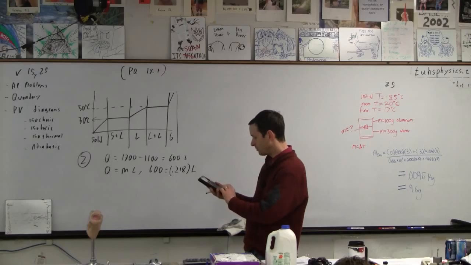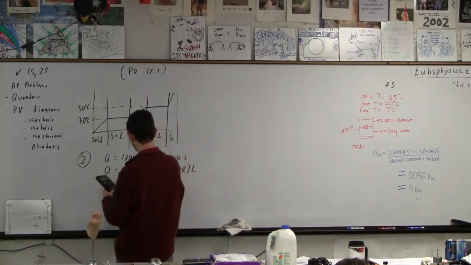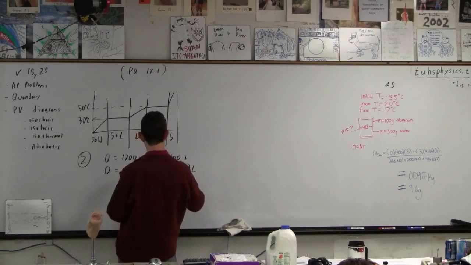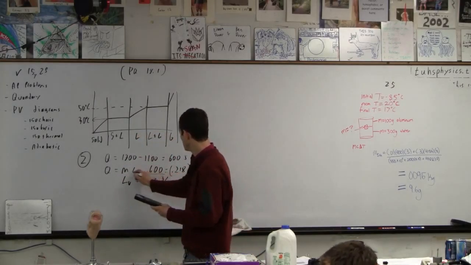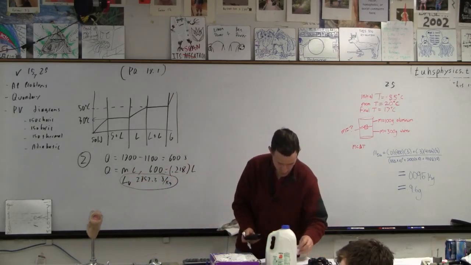That's a division problem. 600 joules divided by 0.218 kilograms is 2752. This is the latent heat of vaporization, 2752.3 joules per kilogram, because I divided joules by kilograms, right? Is that the right answer? Yeah, that's what we got.